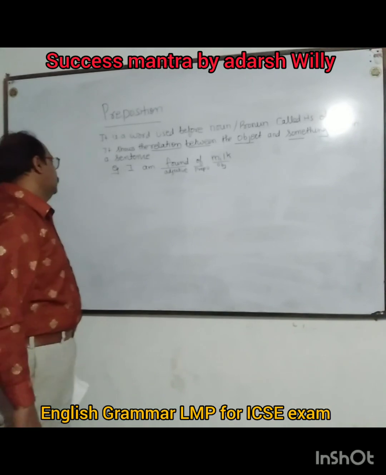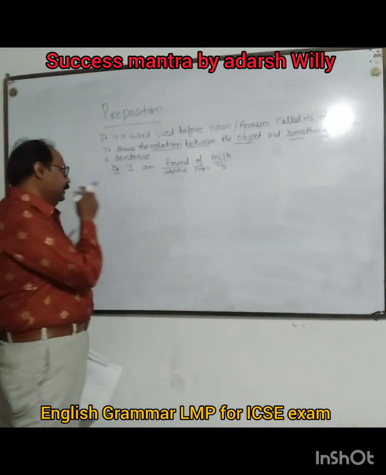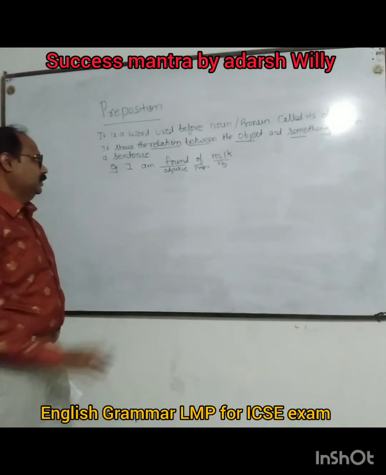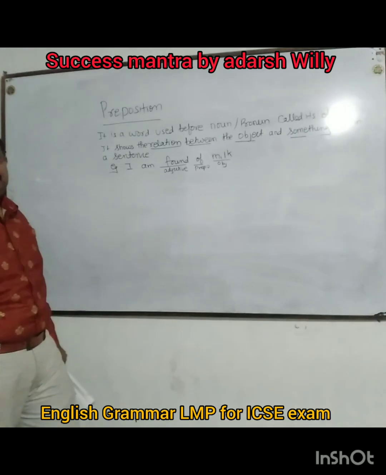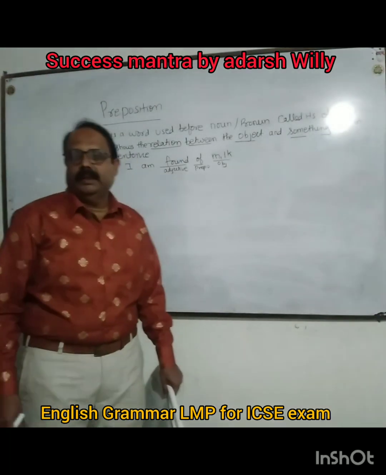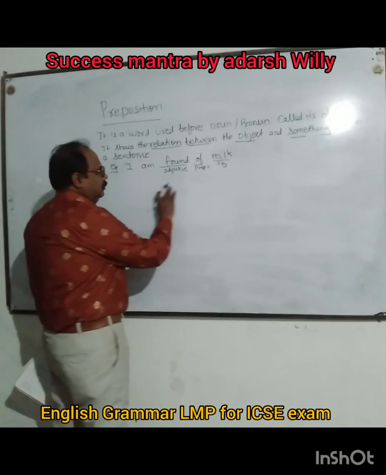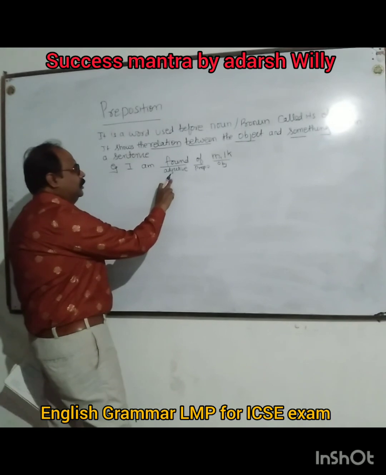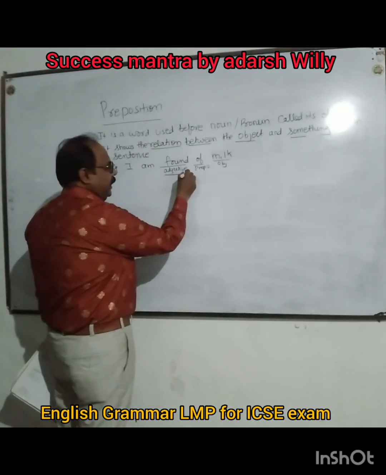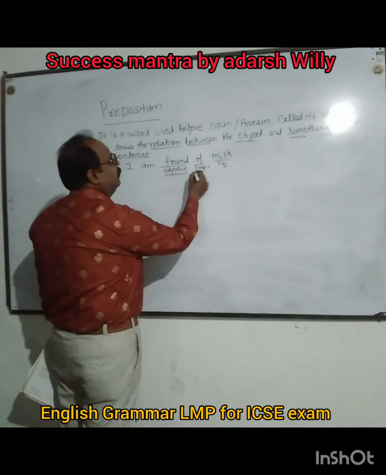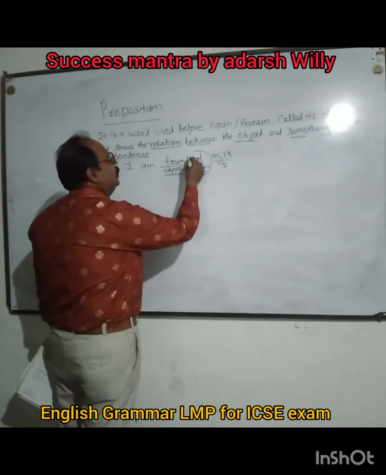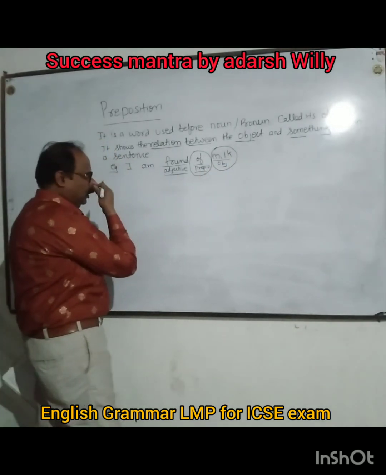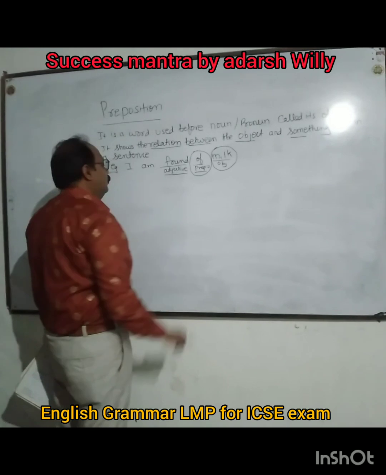Now there is one example I have taken over here. The example is: I am fond of milk. In this sentence, which part is the preposition? This sentence has these three things. Here the word fond is given, which is an adjective. The second word is the preposition, and milk is the object. It shows the relationship of the object with some other part of the sentence.